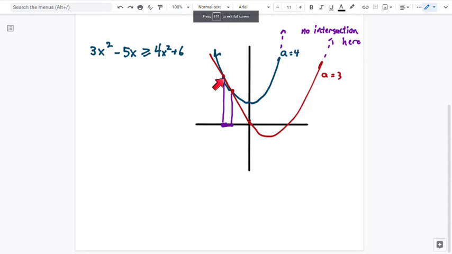So that only happens in this small little interval right in here. And again, looking at the a values, this one is a vertical stretch factor that's greater than the vertical stretch factor for the red graph. So I'm not likely to see an intersection here, since this part is only going to get steeper, and this part will not get steep as fast. So we're done on that side.